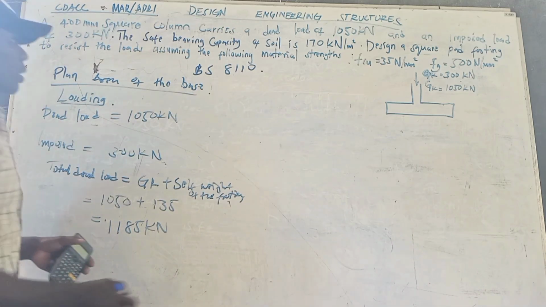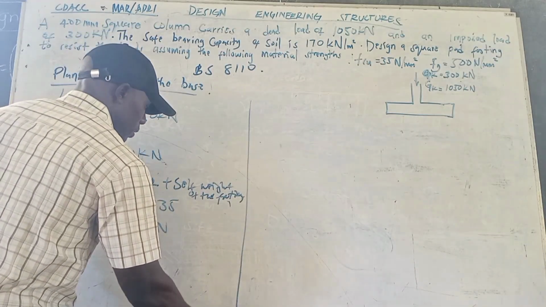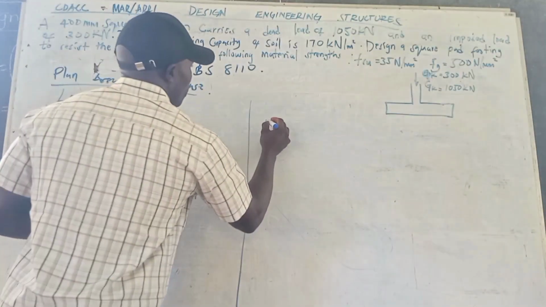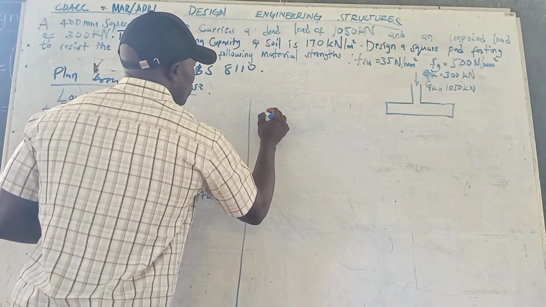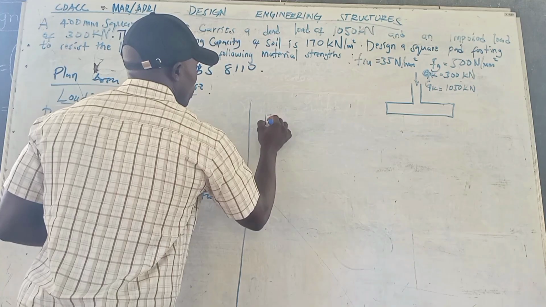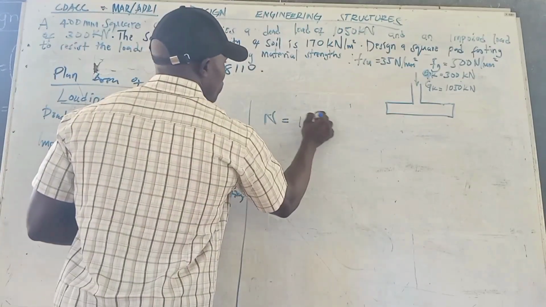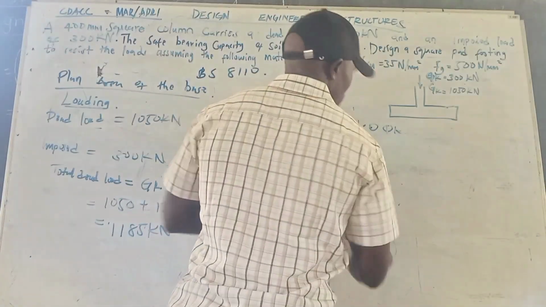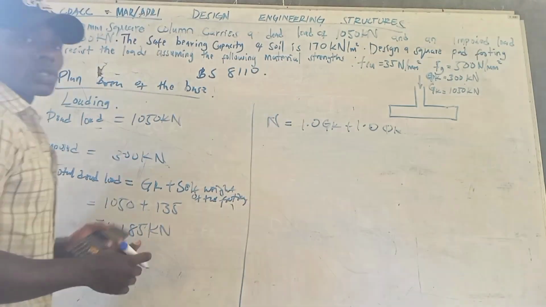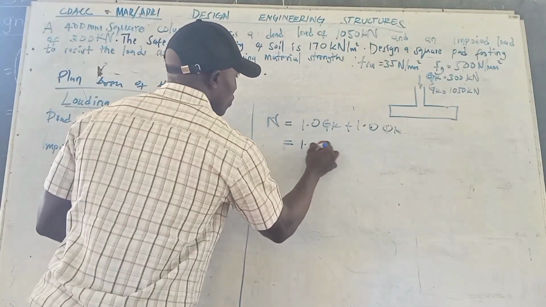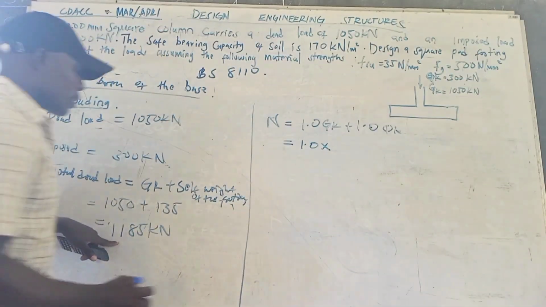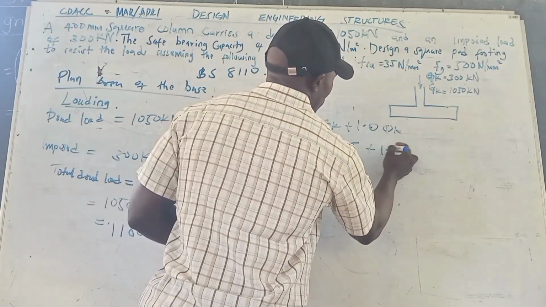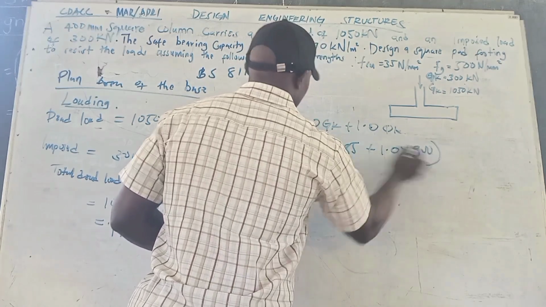So in this case, we're going to have the loading here to be 1.0 GK plus 1.0 QK. So our service load in this case is going to be 1.0 by our total dead load as 1185 plus 1.0 times 300.